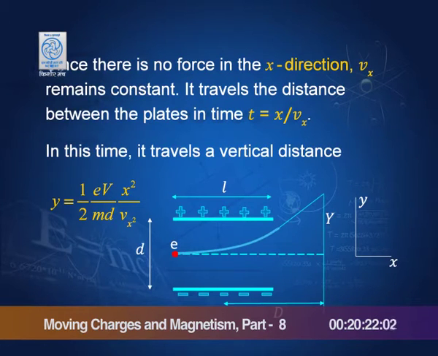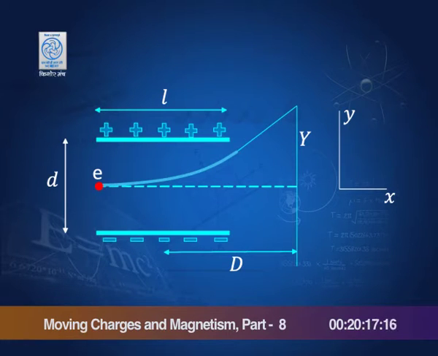Since the field is in the y direction, in the x direction there is no field, therefore, there is no force, and it continues with the velocity v_x in the x direction.